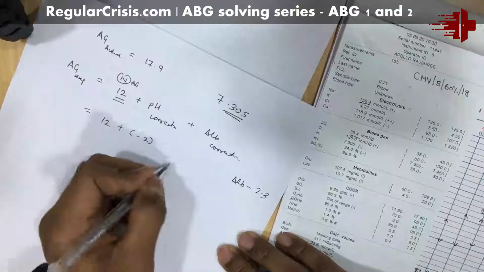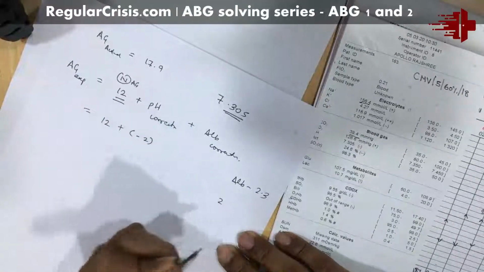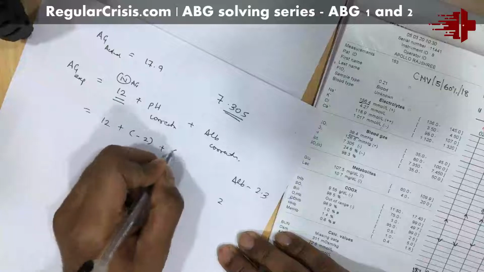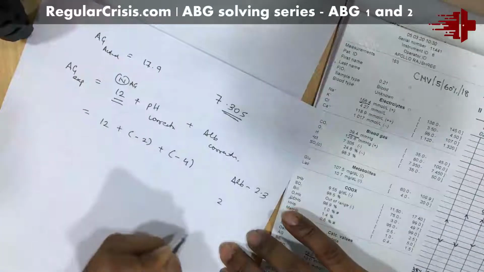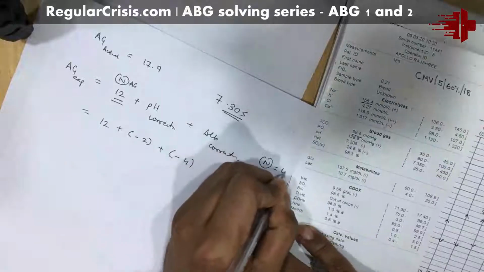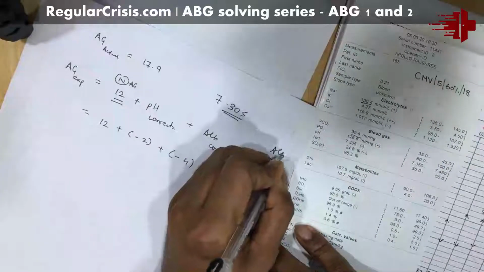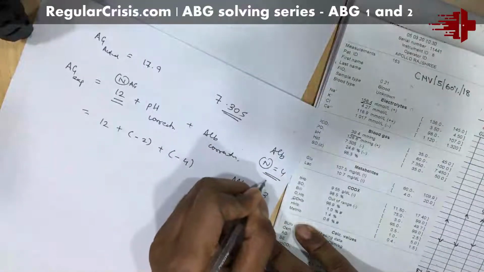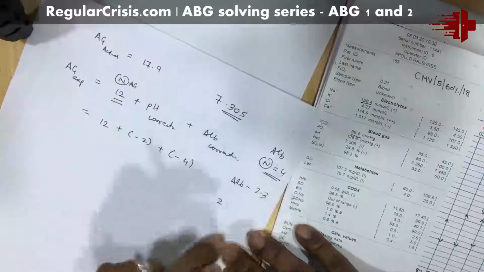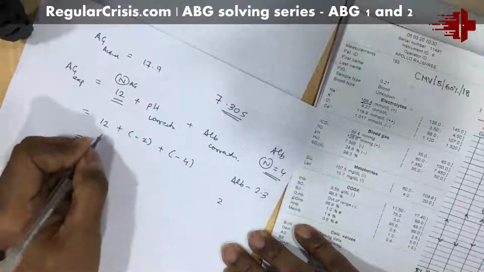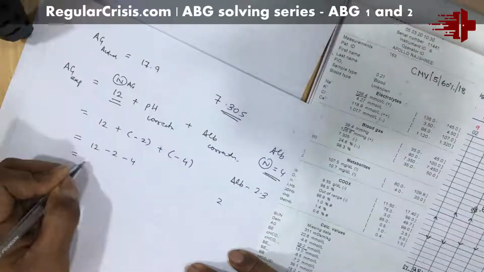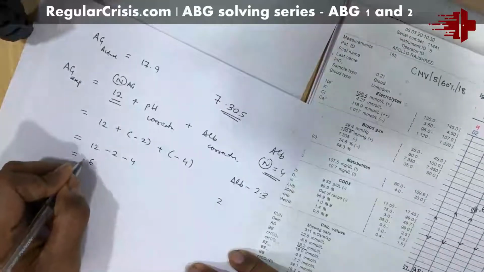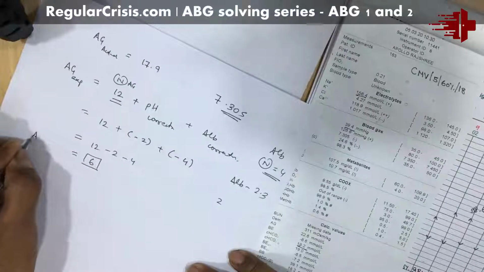Normal albumin is 4. With each decrease in albumin level by 1, the anion gap decreases by 2. Here albumin is reduced by 2, so we deduct 4.